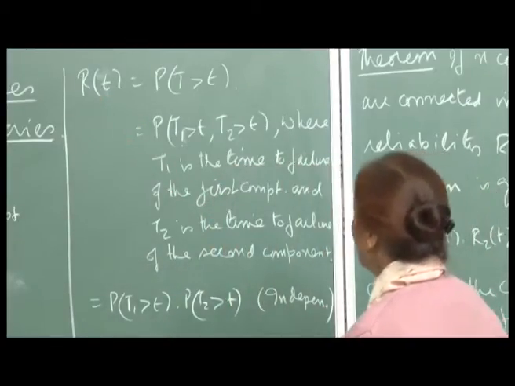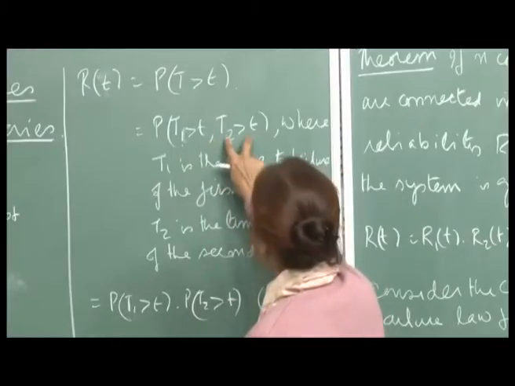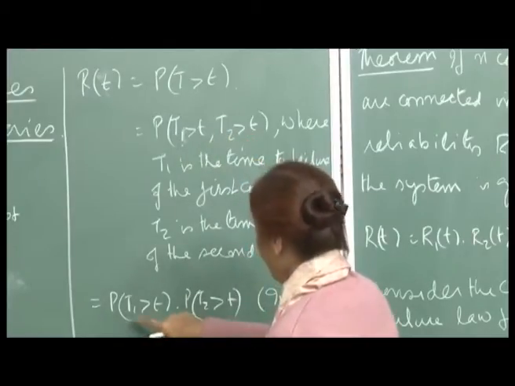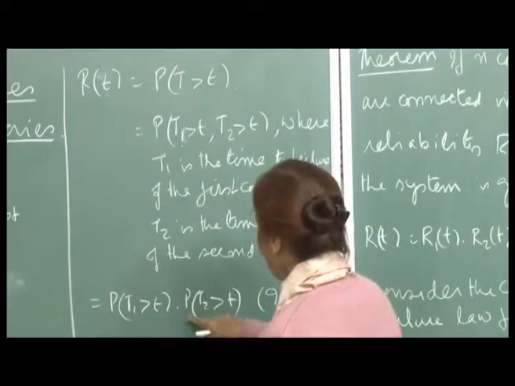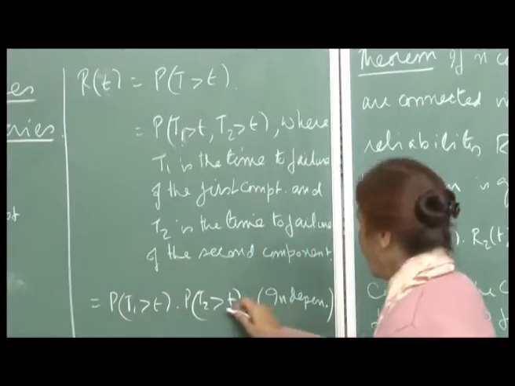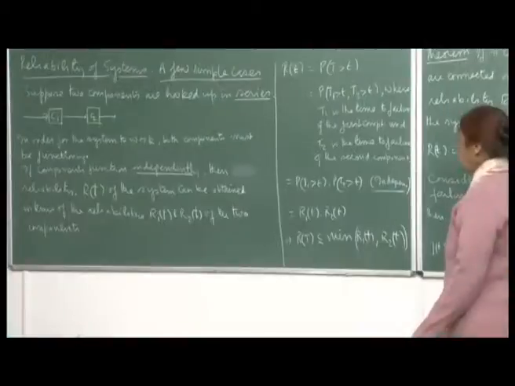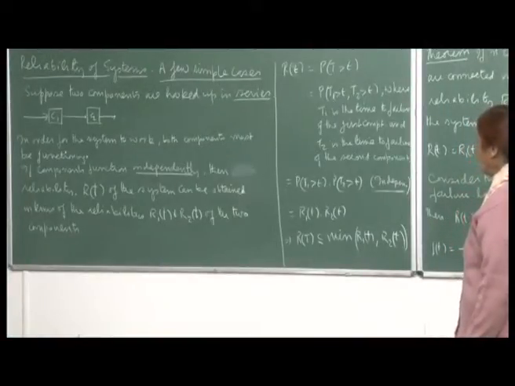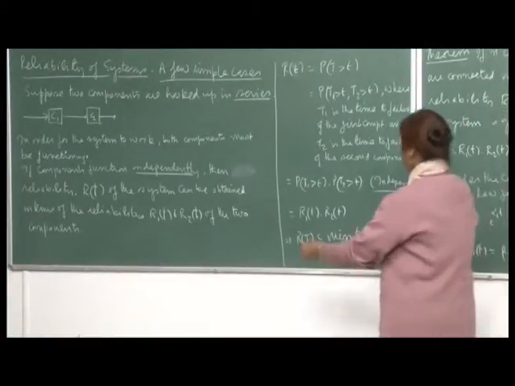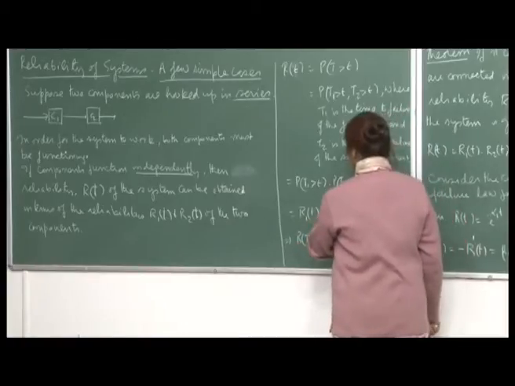Because of independence, this joint probability can be written as the probability T1 greater than t times the probability T2 greater than t, since the two components function independently, and so this is R1(t) times R2(t).